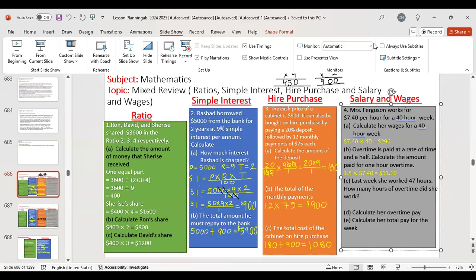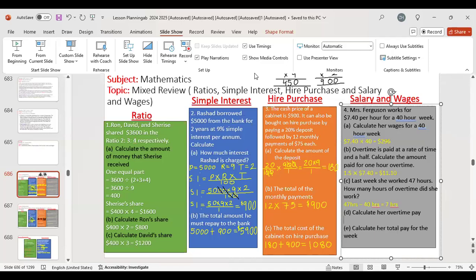So calculate her overtime pay now. We know how many overtime hours did she work? 7 hours of overtime. And how much is she paid for each hour of overtime? $11.10. Very good.